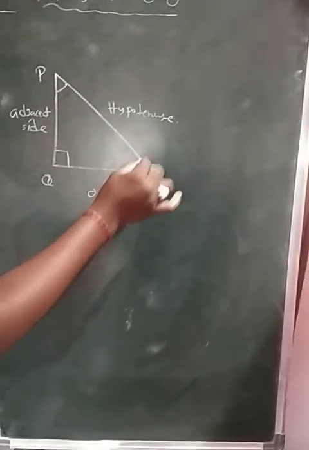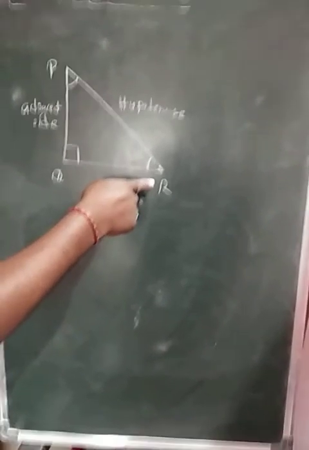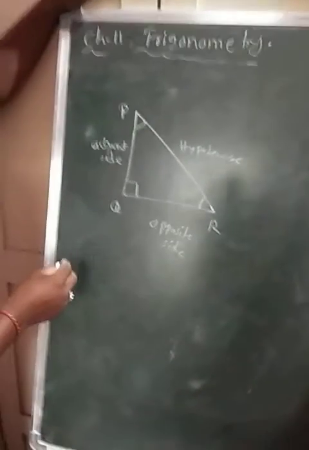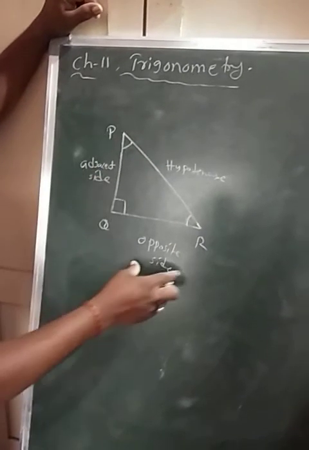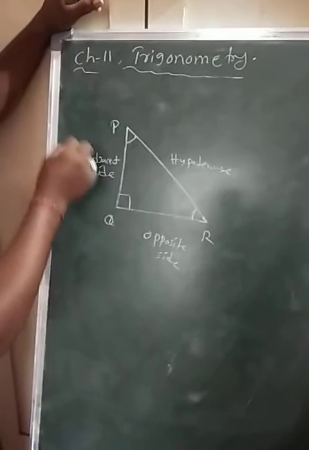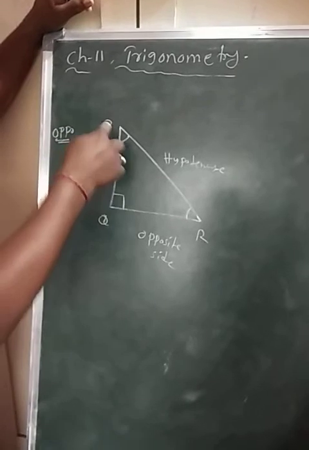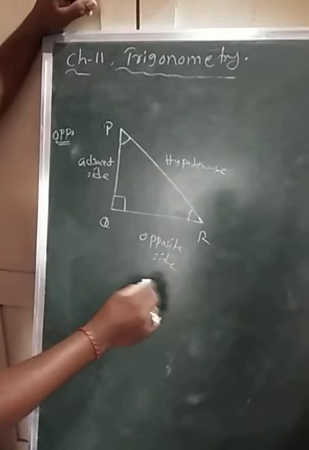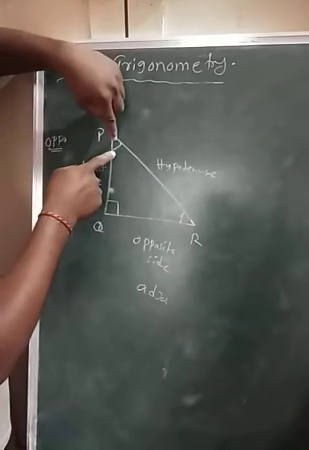Now see, again in this triangle, consider angle R. With respect to angle R, what is the opposite side? Just now with respect to angle P, the opposite side was QR. Now with respect to angle R, the opposite side is PQ, and the adjacent side is QR.